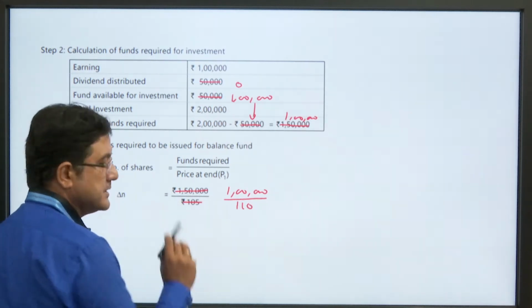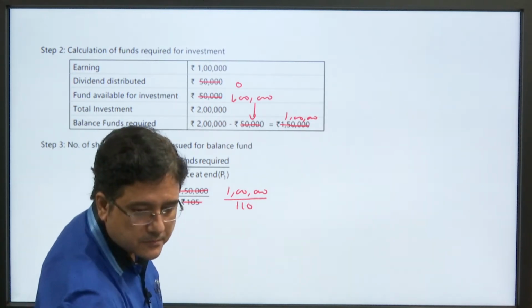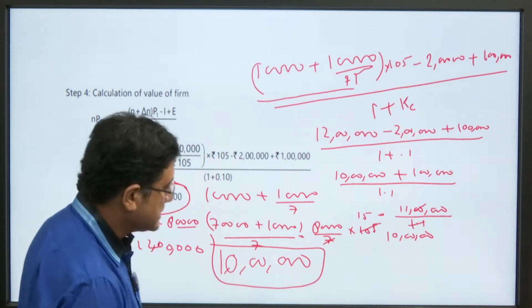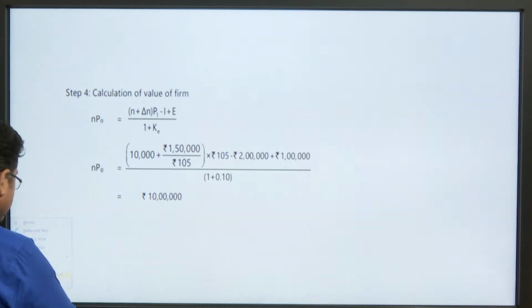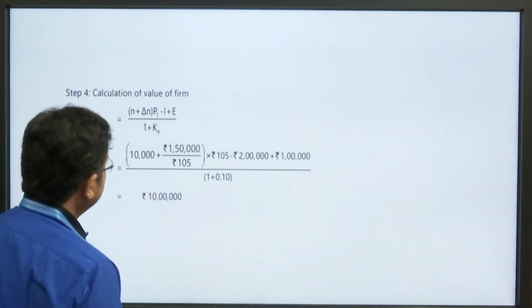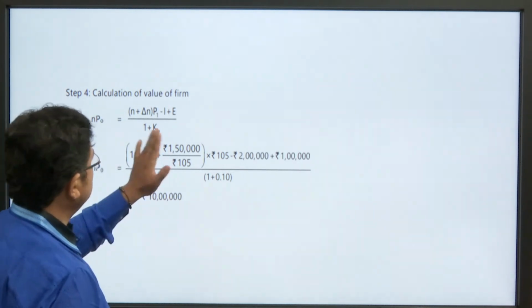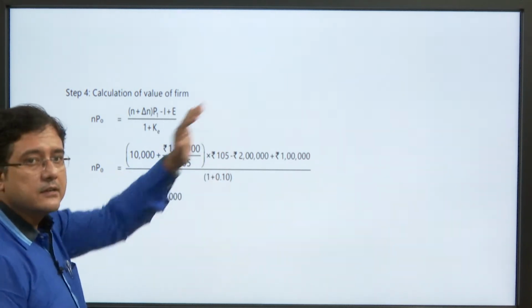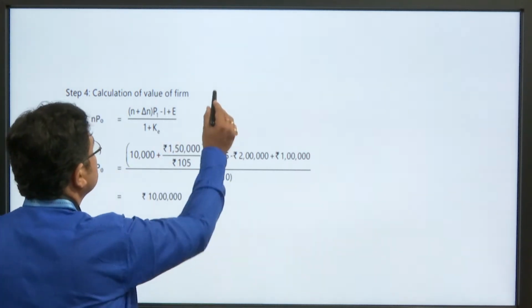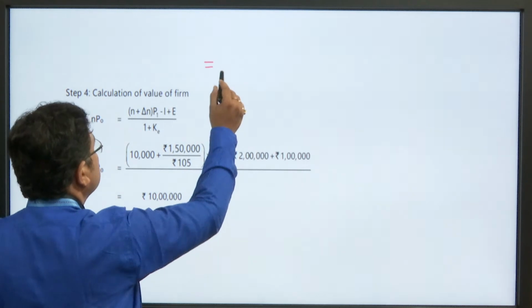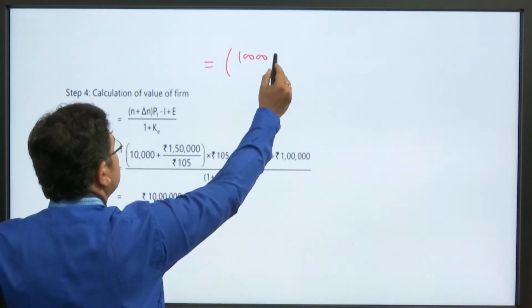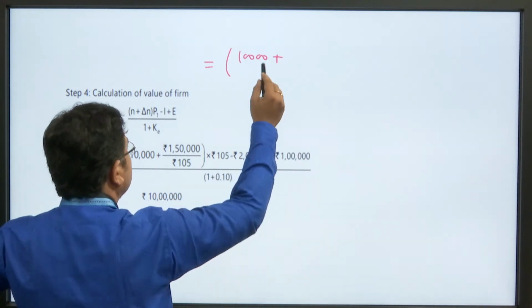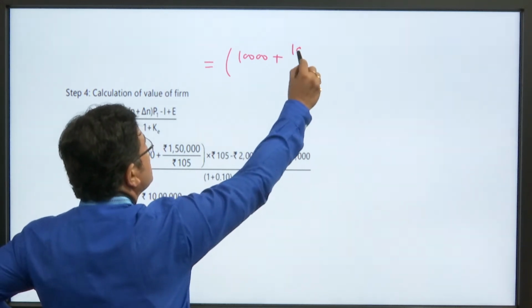Keep this one. Now, when we go to the next slide, change the values. What was N? It was initially 10,000 and now you need more shares.